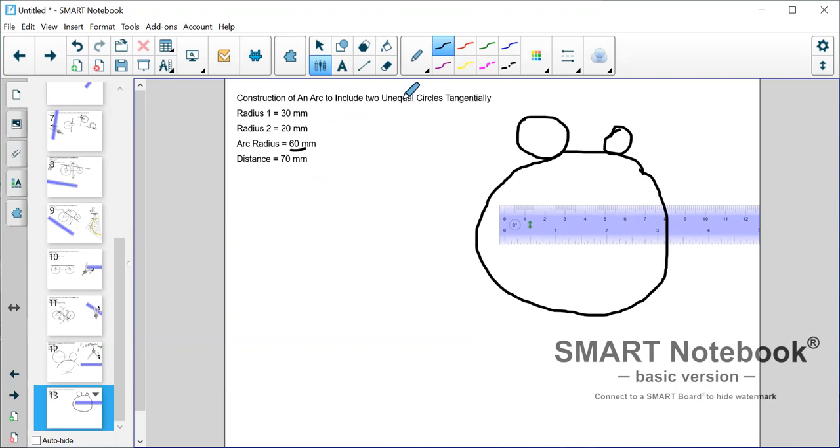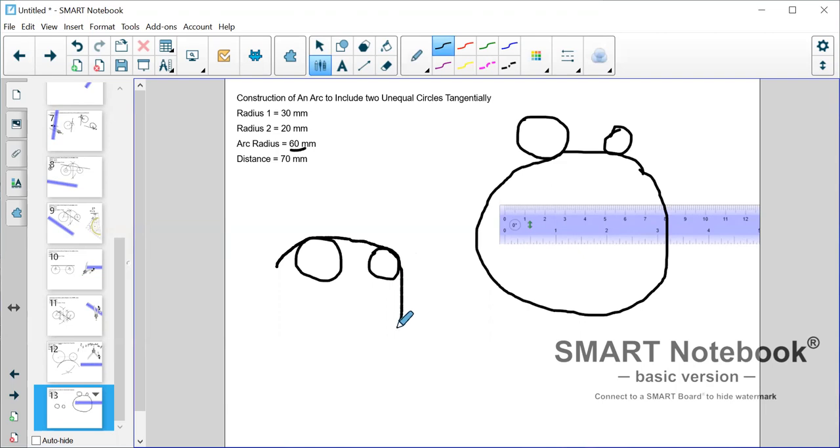Now, in this topic, the arc will include the unequal circles, which means the two circles will be on the inside of that larger circle, or the arc, as we have in the topic. So it will be on the inside.